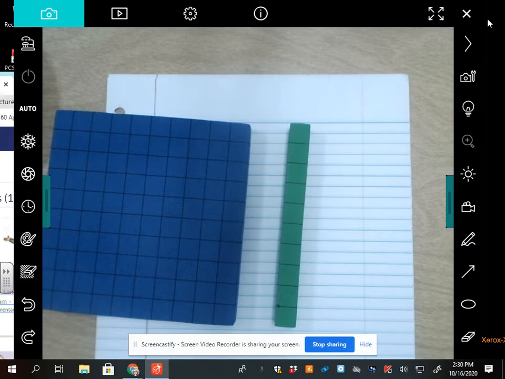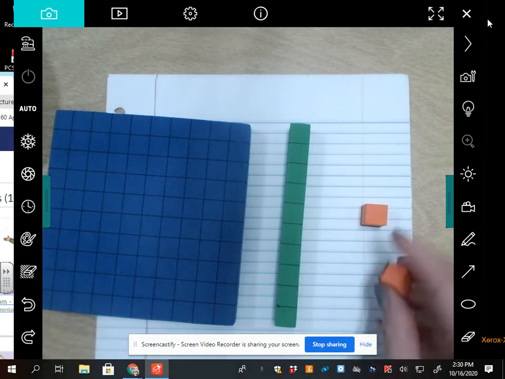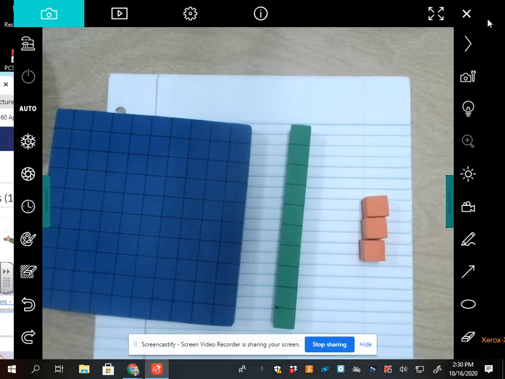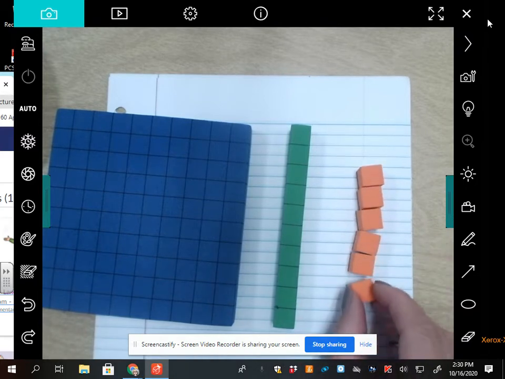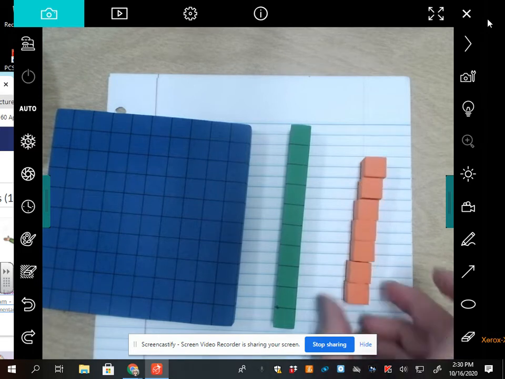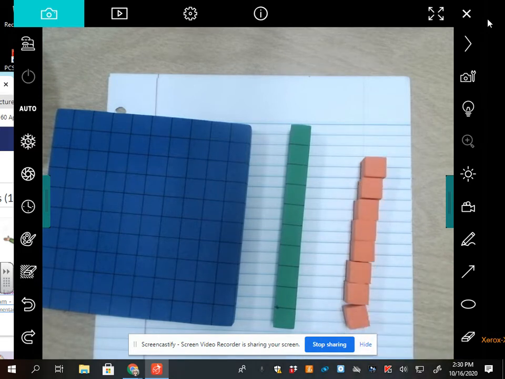We have our ones. If we take 10 ones and put them together, 2, 3, 4, 5, 6, 7, 8, 9, 10.